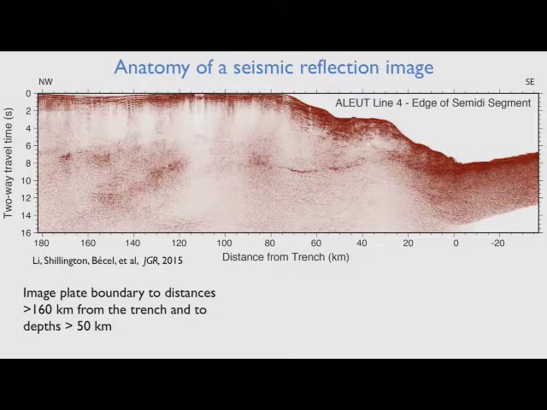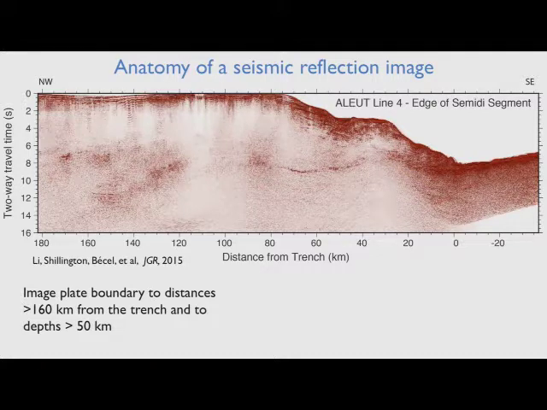All right, so here is a seismic reflection image. It's from Alaska again, and it's across offshore of the Alaska Peninsula. And so I want us to just have a chance to look at this together and understand what's in here. So again, we're looking at two-way travel time and distance from the trench. So here's the seafloor. This is the trench.